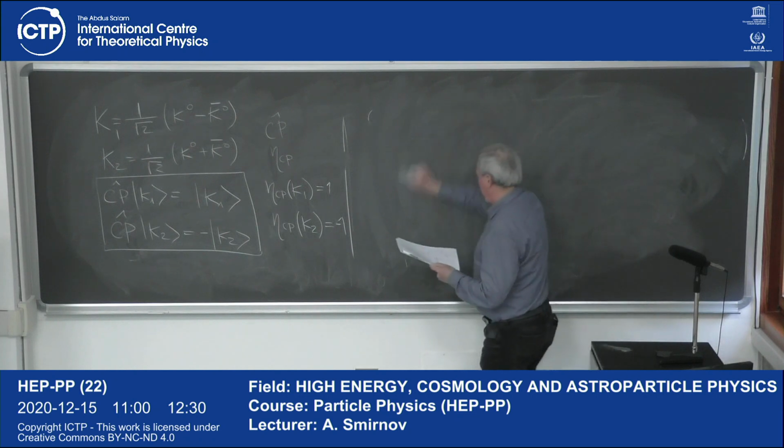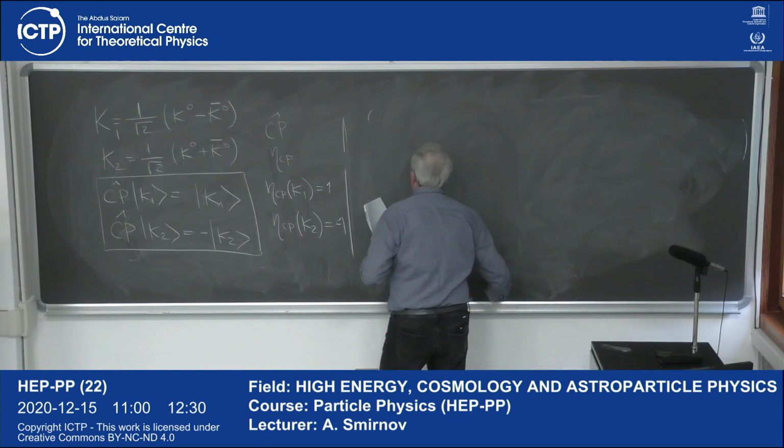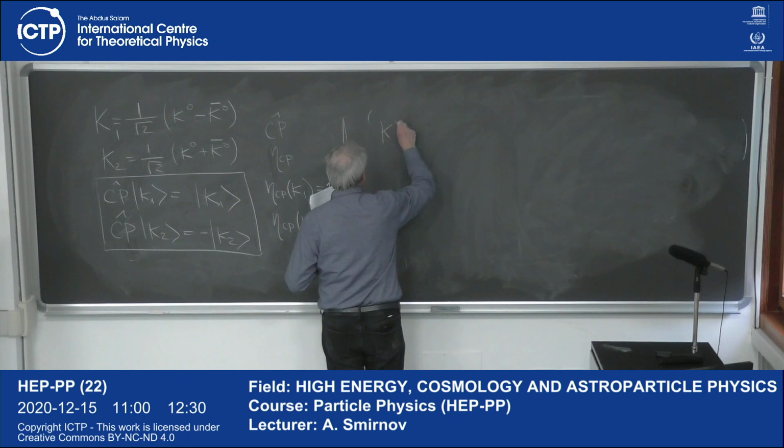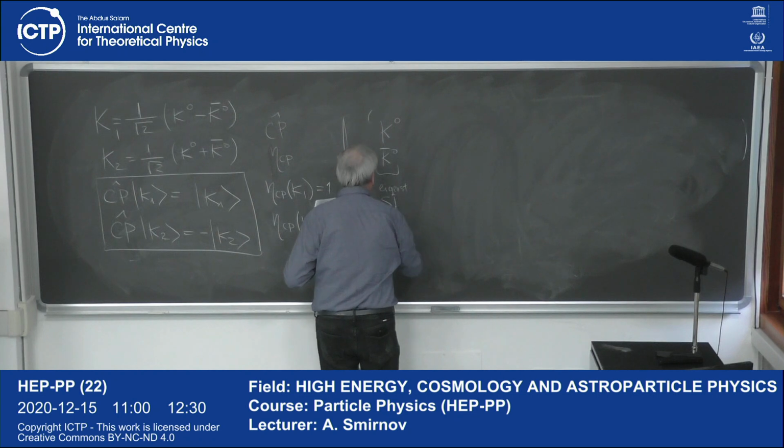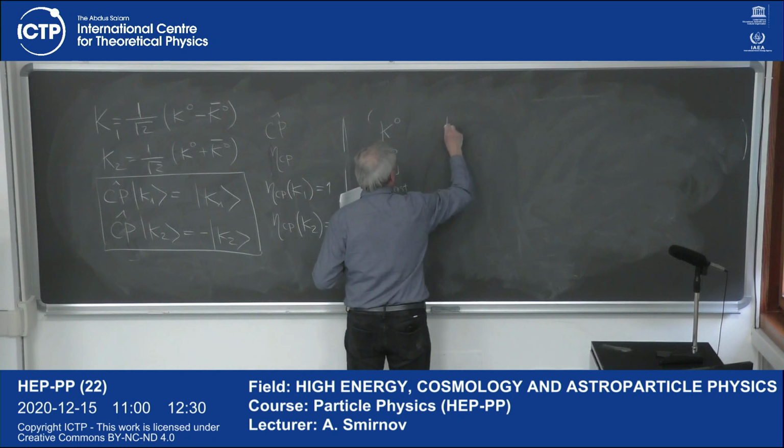So just for you to remember better. So we have K0, K0 bar, the eigenstates of strong interactions or strangeness, and then we have this K1 and K2.